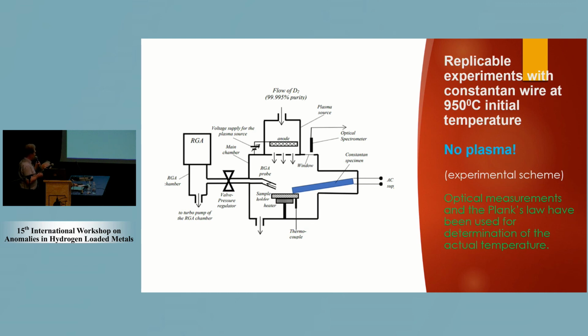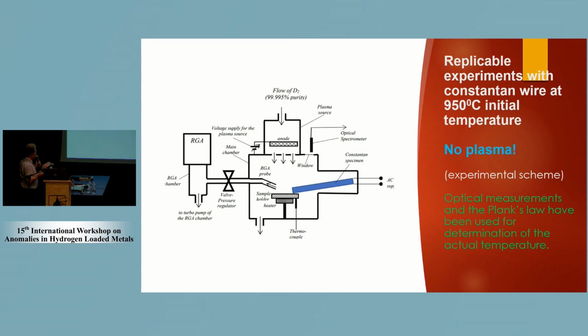By optical spectrometer, the initial temperature was determined based on Planck's law through this window. So this is the chamber. This is the thermocouple, but the thermocouple is not in use. Here we have a residual gas analyzer, and here the injection of deuterium gas having relatively high purity.